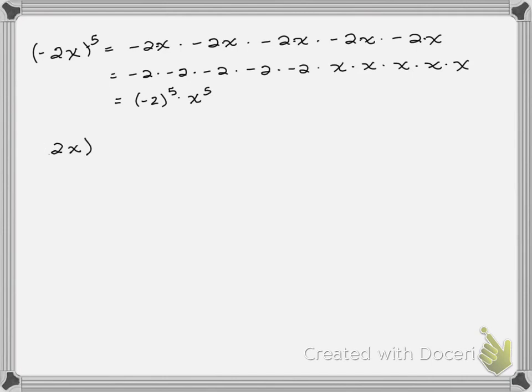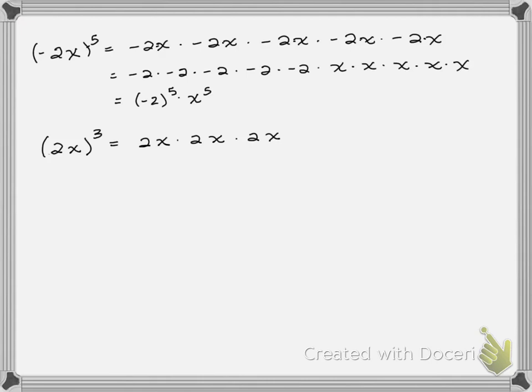like if I have 2x to the third, if I write that out using the definition of exponents, how many operations? So the operations we have to work with here are multiplication, division, addition, and subtraction. On the right side of that equal sign, how many operations are there? There's just one, right? That is all multiplication.